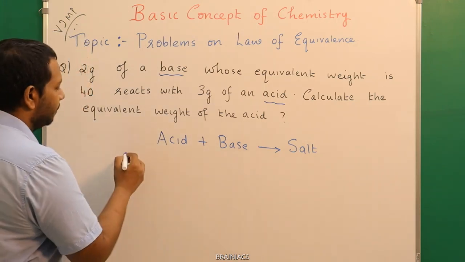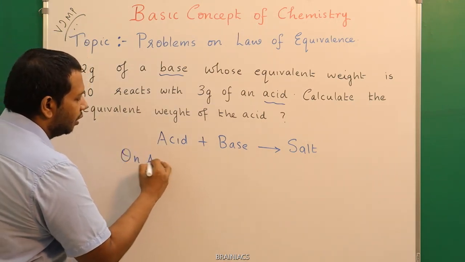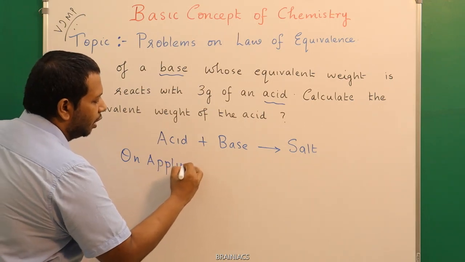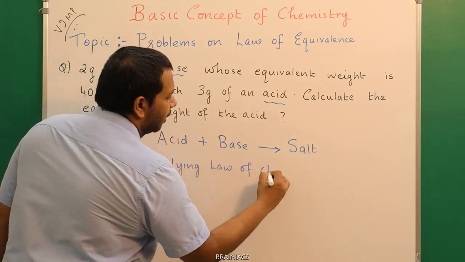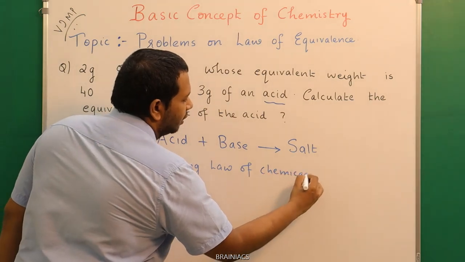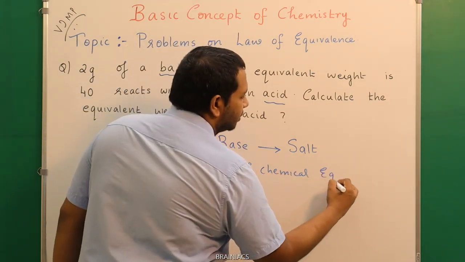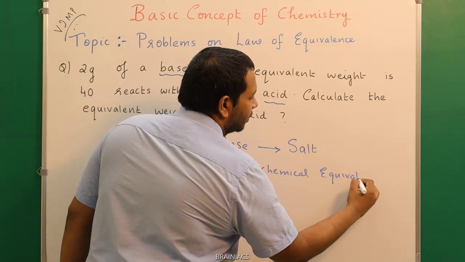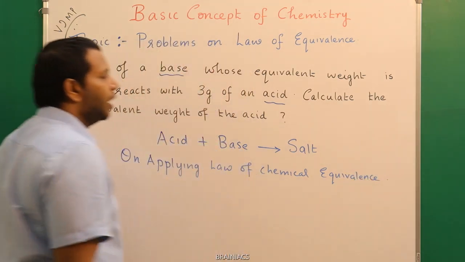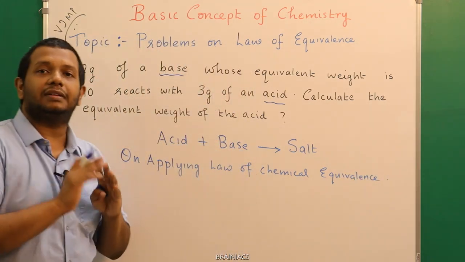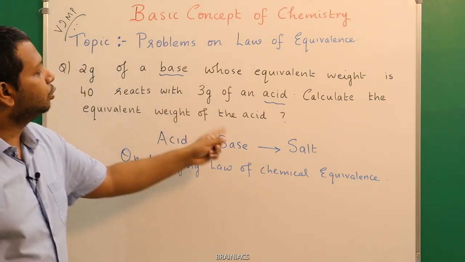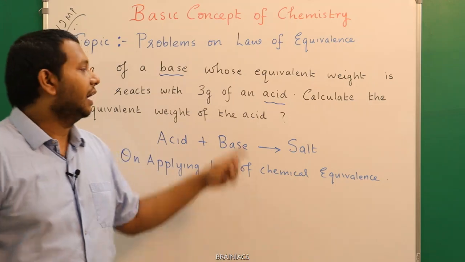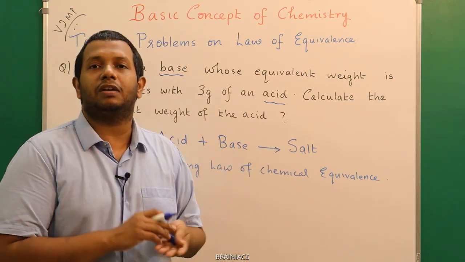On applying the law of chemical equivalence, I can say the number of equivalents of the acid is equal to the number of equivalents of the base, which will be equal to the number of equivalents of the salt.